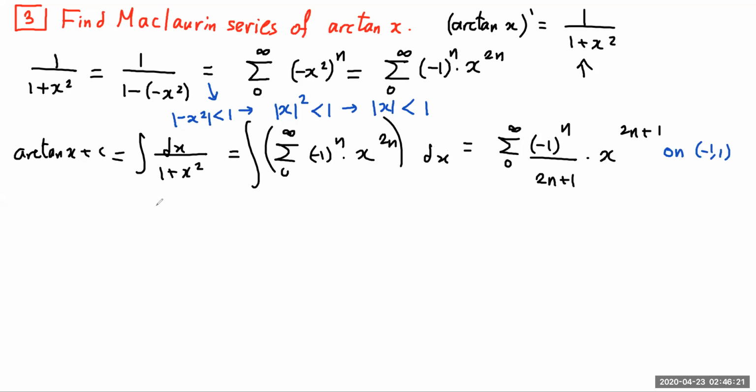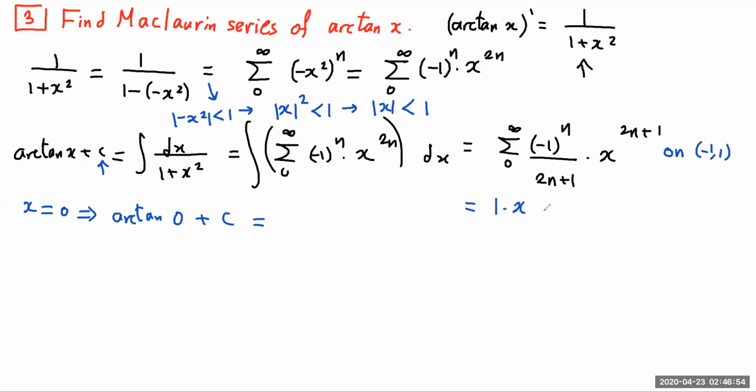Now let's find c. Give x = 0. So we find arctangent 0 + c equal to the series. Let's write this series in detail. If I give n = 0, I will have 1 over 1, so 1 times x.